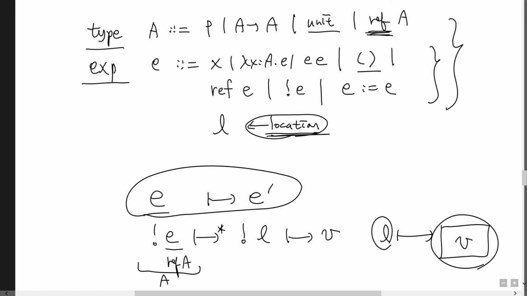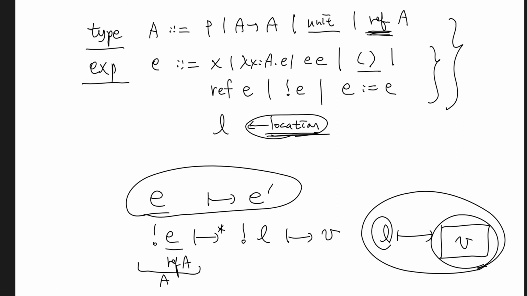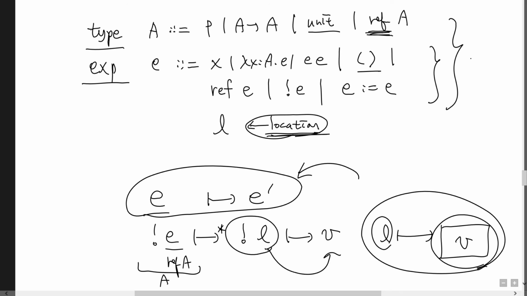So it turns out that the mapping, or the collection of mappings in abstract form, should be part of the reduction judgment, so that we can, for instance, reduce this bang L to value V. Without access to this mapping, there's no way to reduce this bang L expression to a concrete value V.